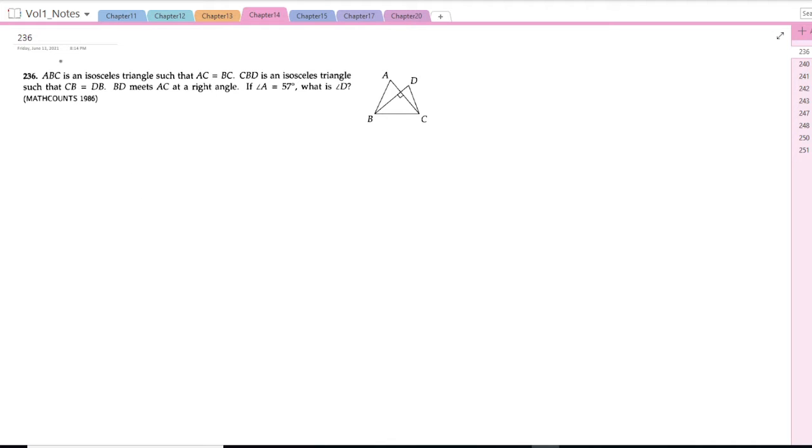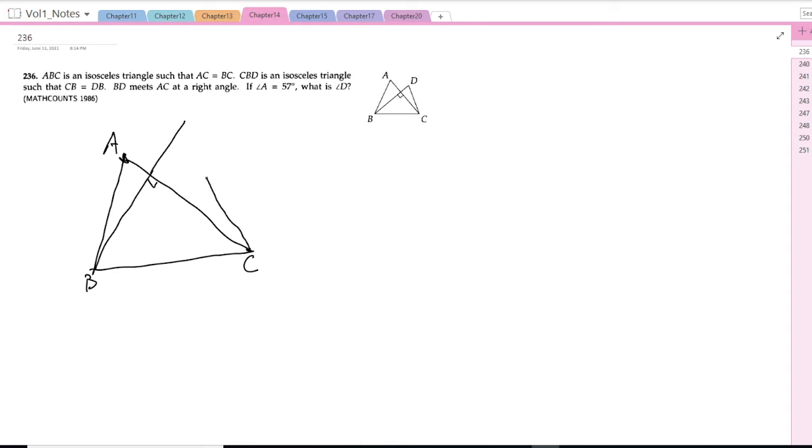So, we have an isosceles triangle ABC, where AC is equal to AB. We are going to look into how we can parameterize the geometry. Then BD is perpendicular to that, and also BD is equal to BC as well.